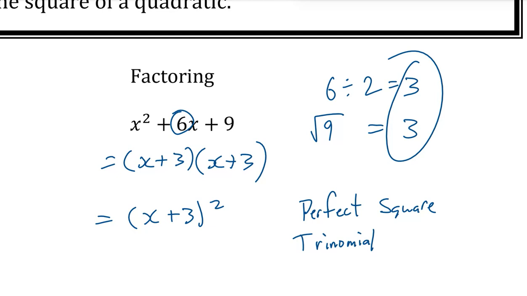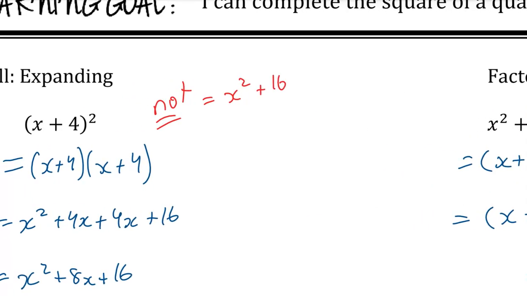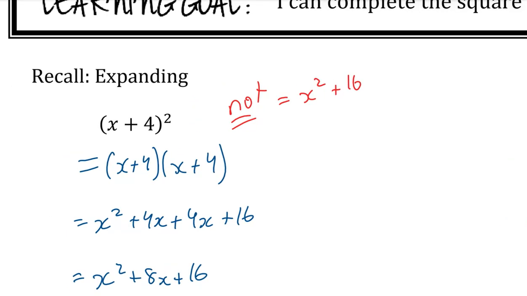But that concept of having a perfect square trinomial that you can write as a binomial squared, x plus 3 squared, x plus 4 squared, x minus 9 squared is fundamental to completing the square. It's all based on that. But again, my guess is if you practice a little bit of this over the weekend, you won't even be thinking about that. You'll just be thinking about how you write it the right way.